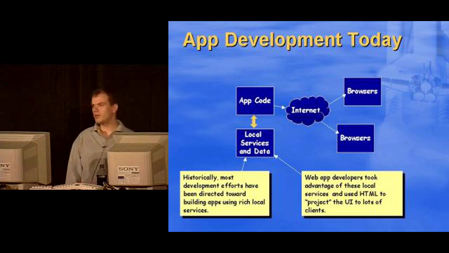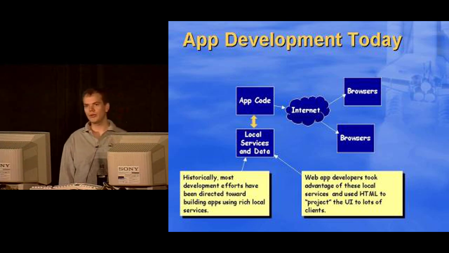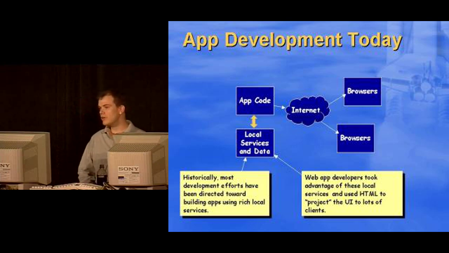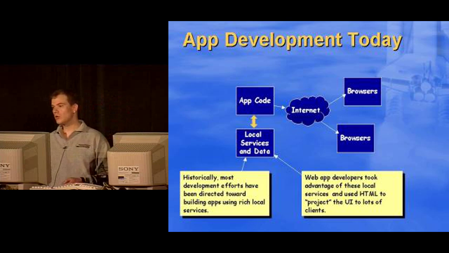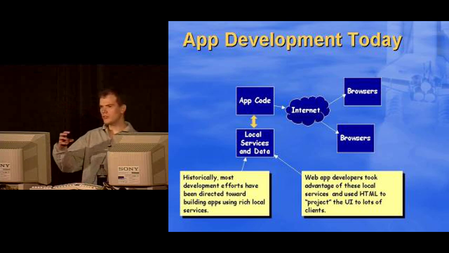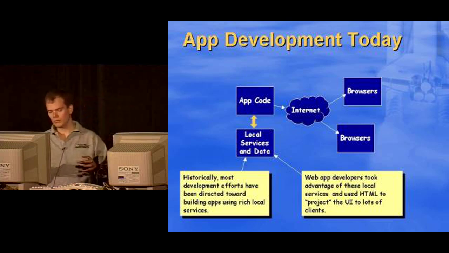Most of you guys are probably building applications today, and you're familiar with the paradigm of programming against my local user interface, my local data store, my local file system. I'm using all sorts of services that reside on my system, or they're remoted transparently through something like DCOM to another system. But it appears to you that it's local when it works.